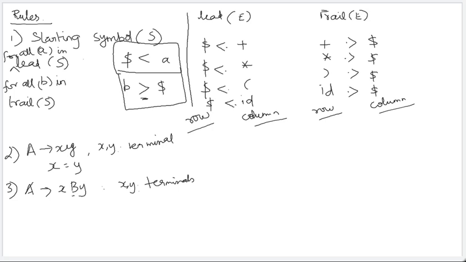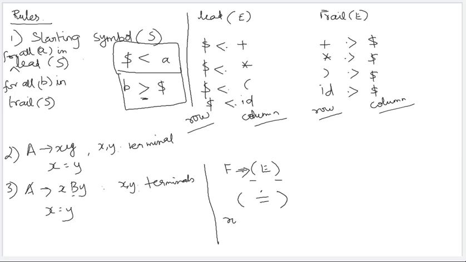If you have any production in this format, then both x and y have equal precedence. When you look at our example, one of the productions is like this: F tends to open bracket E closing bracket. What is the meaning of this? Open bracket and closing bracket are terminals and capital E is a non-terminal. So in this format, open bracket has equal precedence to closing bracket. This is what we have identified.